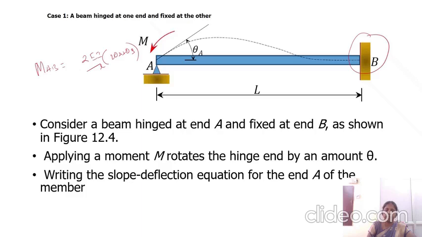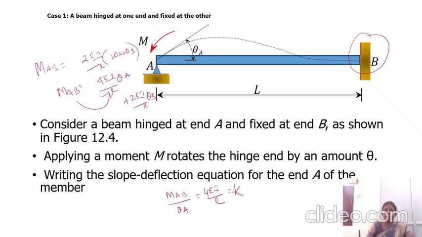Multiplying inside, we get 4EI by L into theta A plus 2EI by L into theta B. So compare MAB with this component only, that is MAB by theta A equal to 4EI by L, which is the stiffness, that is the rotational stiffness value.